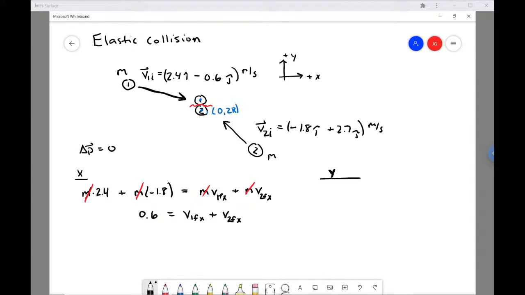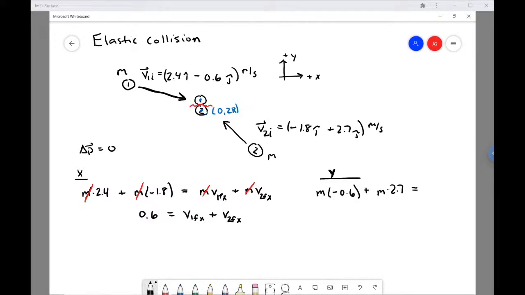Okay, so in the y direction we have the first ball 1 has a pre-collision momentum of m times minus 0.6. Ball 2 has a pre-collision momentum in the y direction of m times 2.7.